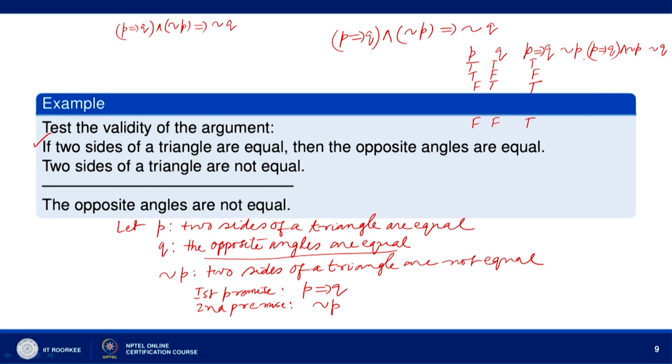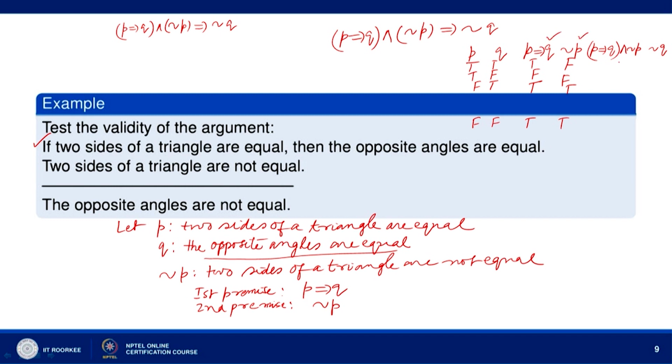Then not P will be negation of the truth values of P. So, F here, F here, T here, and T here. Then P implies Q and not P we have to consider.